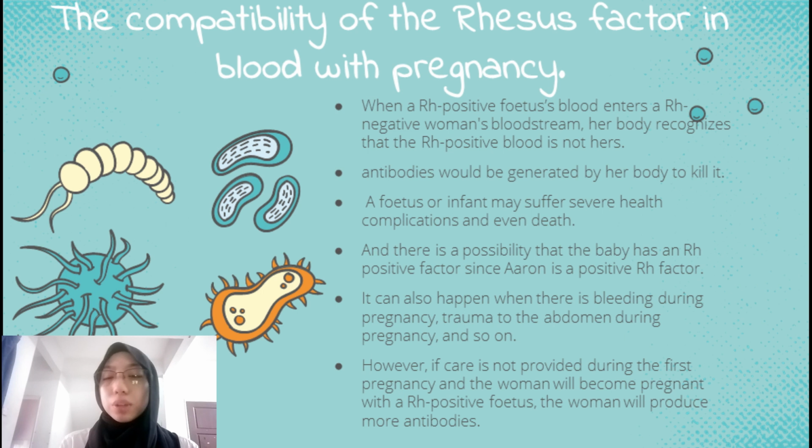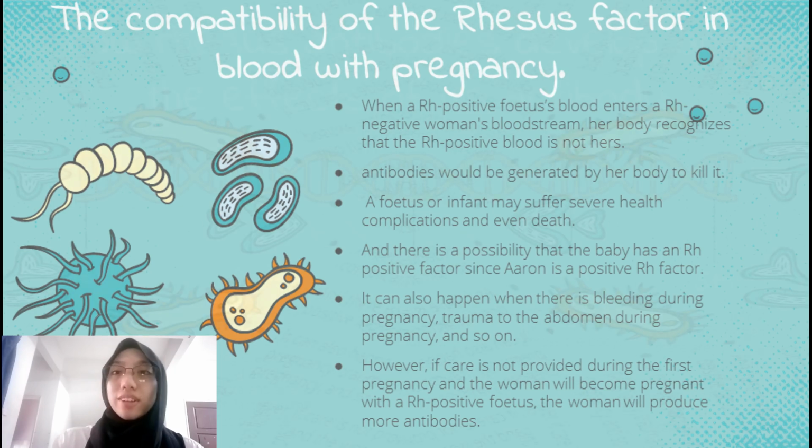There is a possibility that the baby would have blood type A Rh factor positive, since Aaron is Rh factor positive. This can happen during pregnancy when there is bleeding, trauma, and so on.